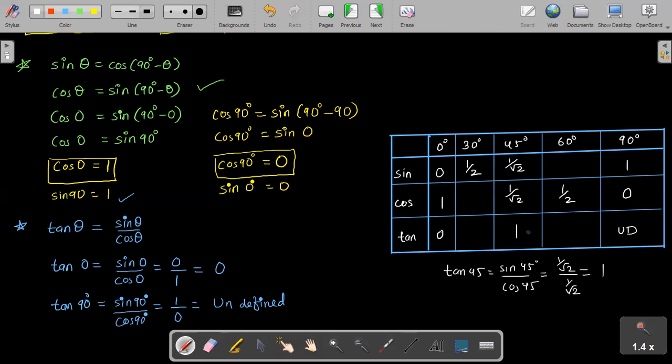Then cos 30 and sin 60 are the same: root 3 by 2, root 3 by 2. Now what remains is tan. I said yesterday that tan 30 is 1 by root 3, and just the opposite of this is this.